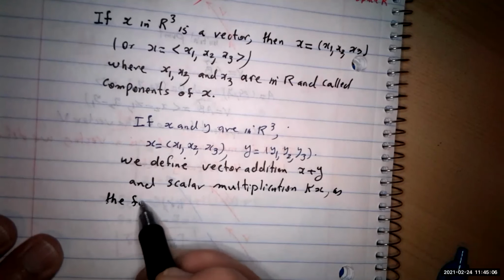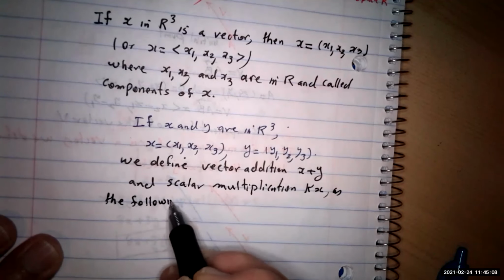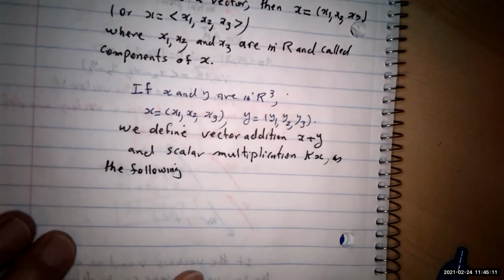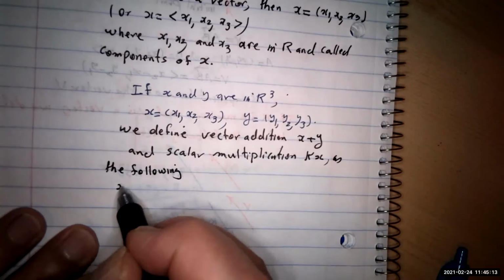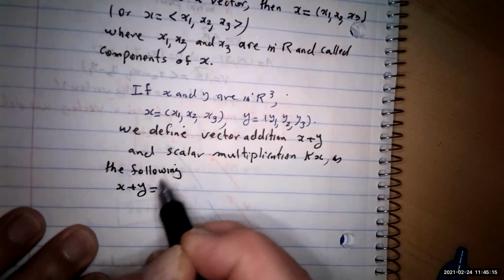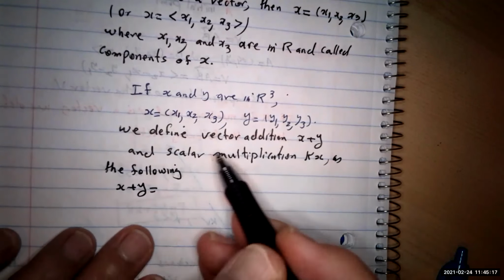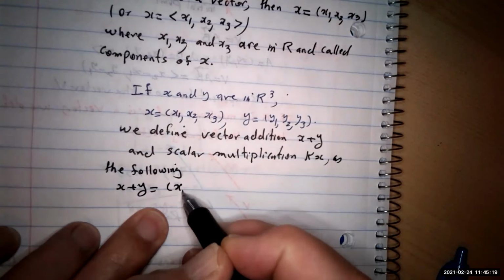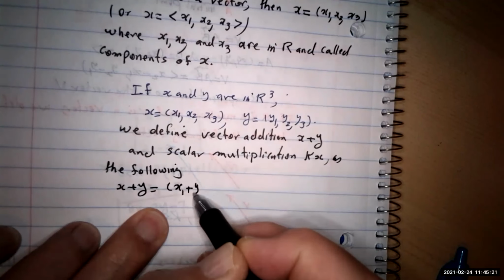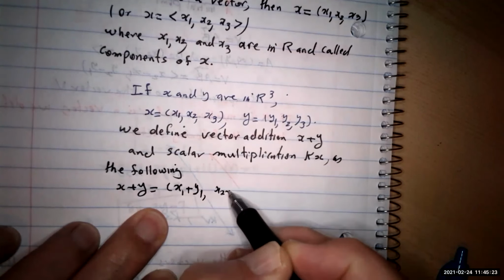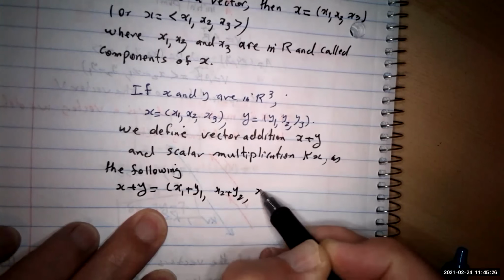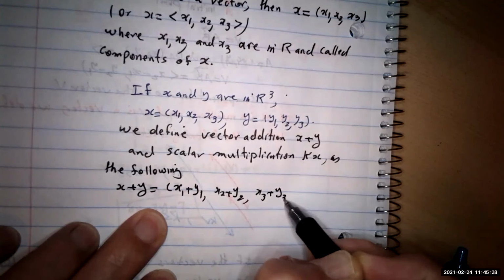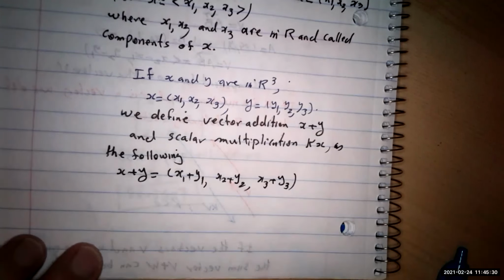They are all standard operations. If you want to add x plus y, you just add the coordinates together. So this is (x1 plus y1, x2 plus y2, x3 plus y3). The sum is again a vector.